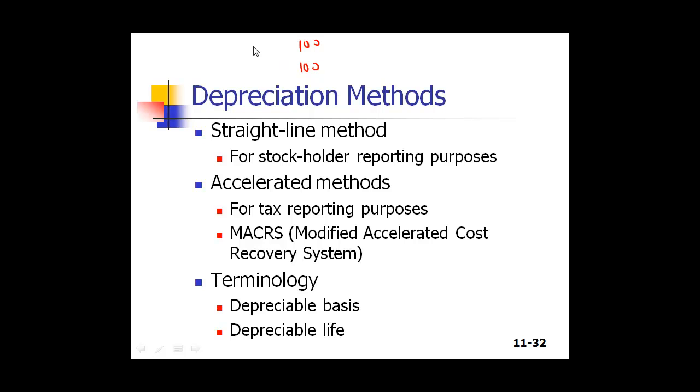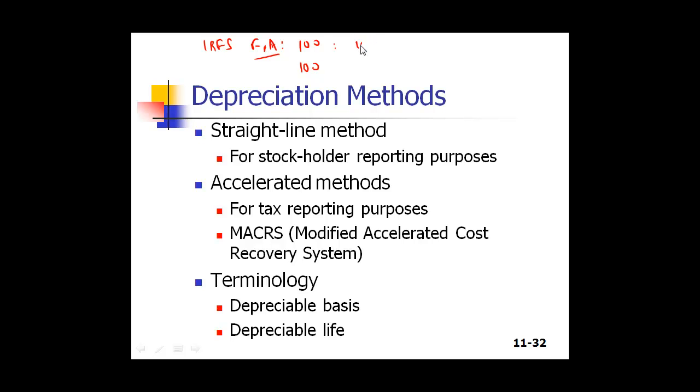Which rules do you follow when we talk about financial accounting? You follow the accounting rules called International Financial Reporting Standards. Generally, according to IFRS, companies do straight line depreciation. So let's say you do straight line depreciation over 10 years and the salvage value is 0.